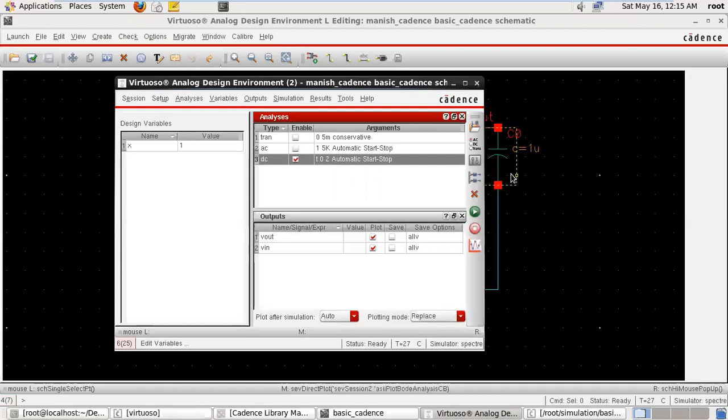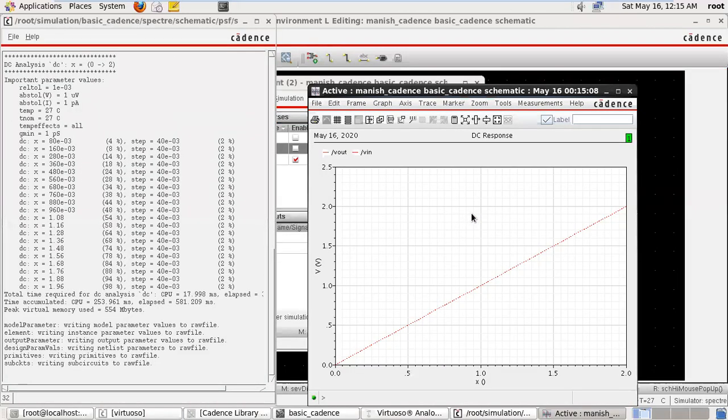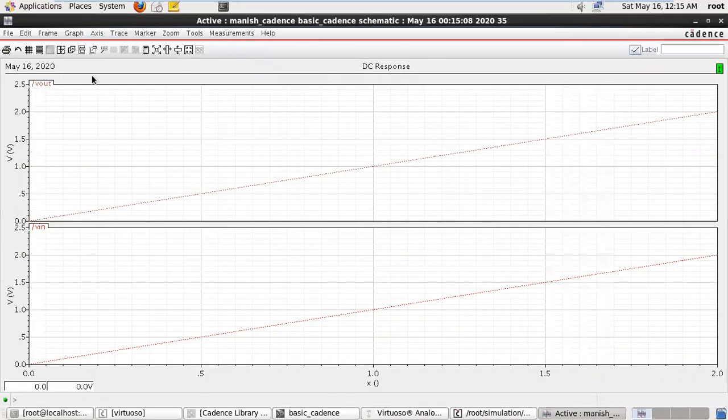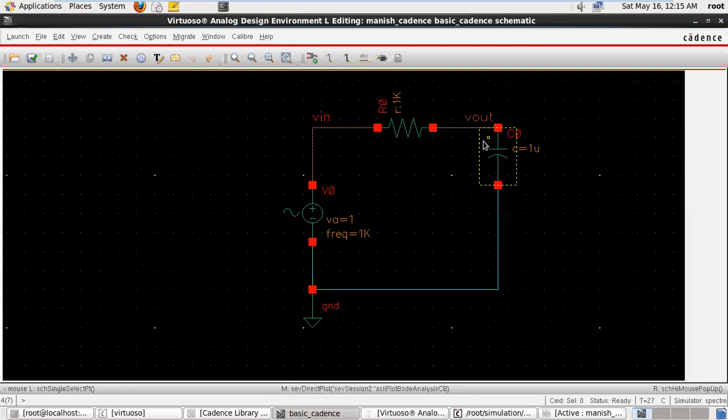Now suppose we are moving on to DC analysis. So just simulate it. See here, the access strip. Because the input DC voltage we are varying from 0 to 2 volts. So the input voltage, but the output voltage, why is it the same? Because that is a low pass filter, and for DC, the capacitor works as an open circuit.